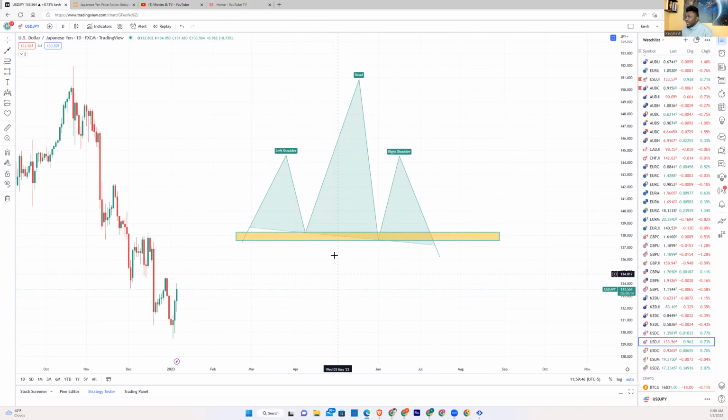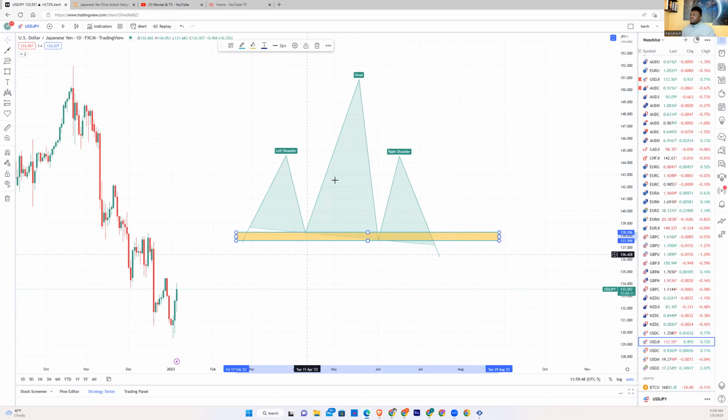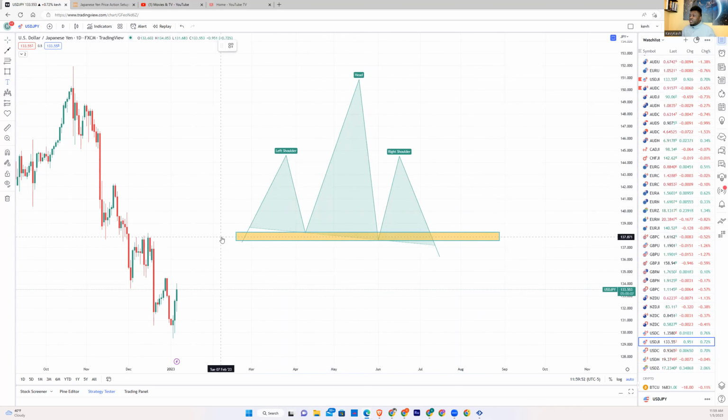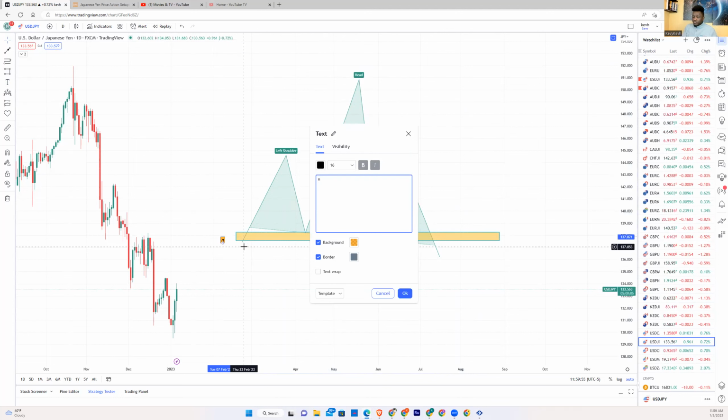So this is the neckline. I can just insert a text right here. So this is the neckline.